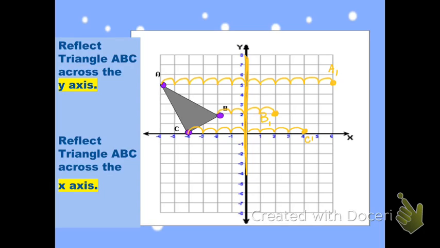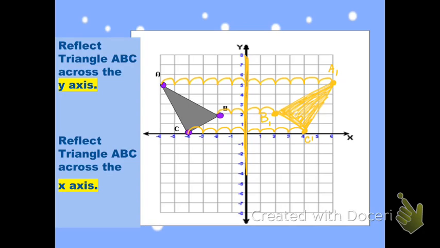Now all we have to do is connect them. So go 1, 2, 3, and now we have a mirror image of that shape on the other side. Do you see how it's pointed in the other direction? A few people will try to slide them. So yours should be pointed in a different direction than the first one.